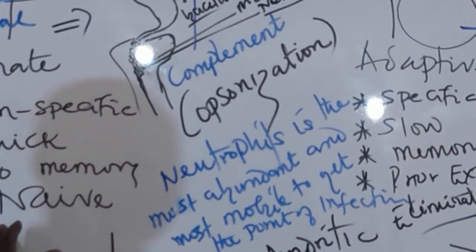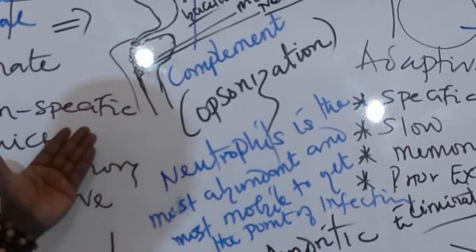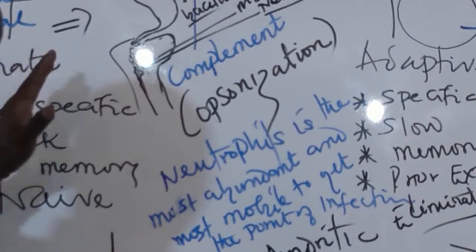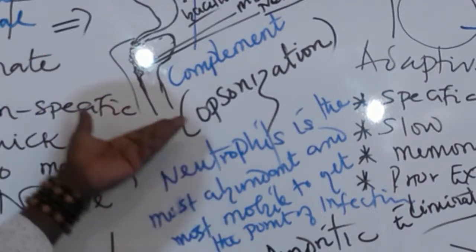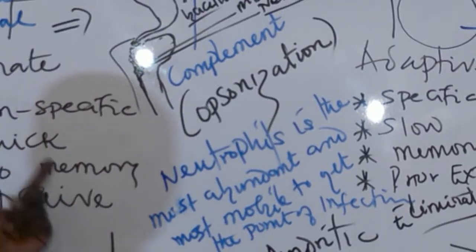Right? Don't forget that I said dendritic cells are the mediators between the adaptive immune system and the innate immune system. So whenever there is any infection, the innate immune system will first of all come into play because it is quick to act.